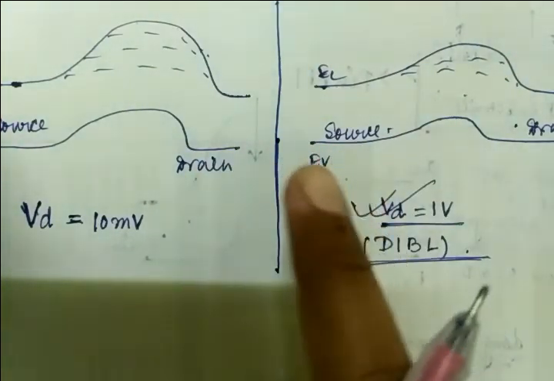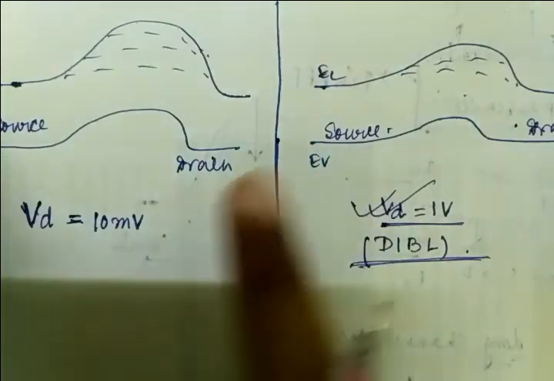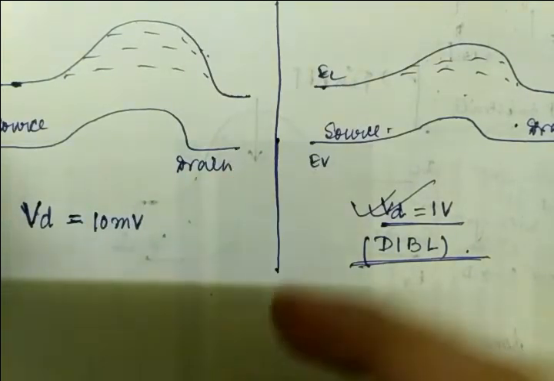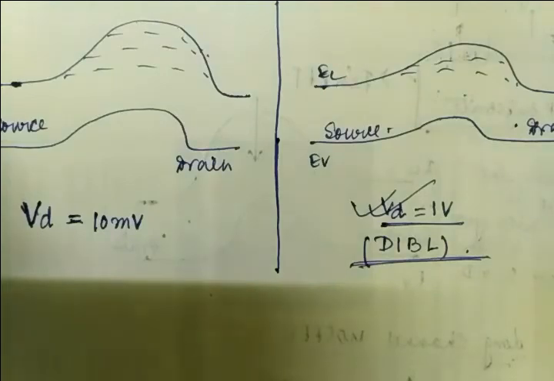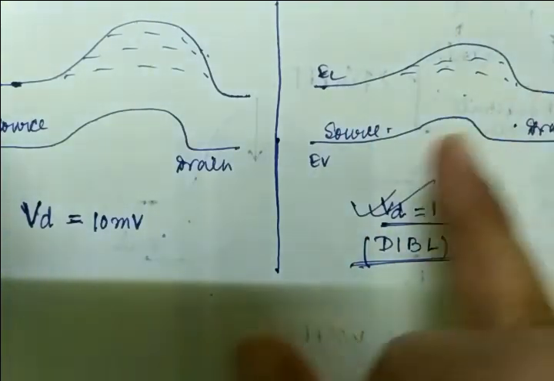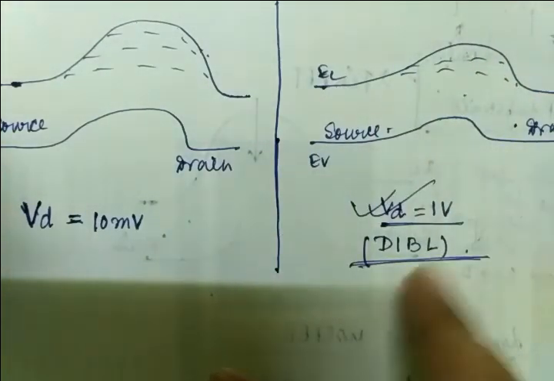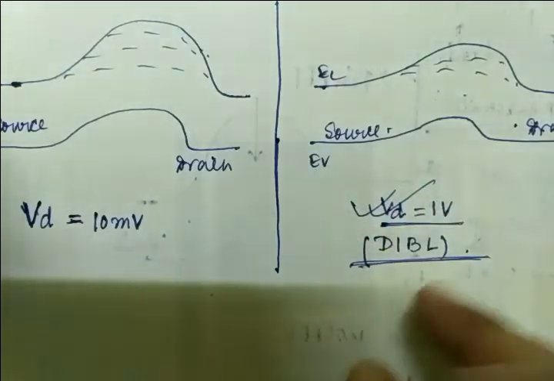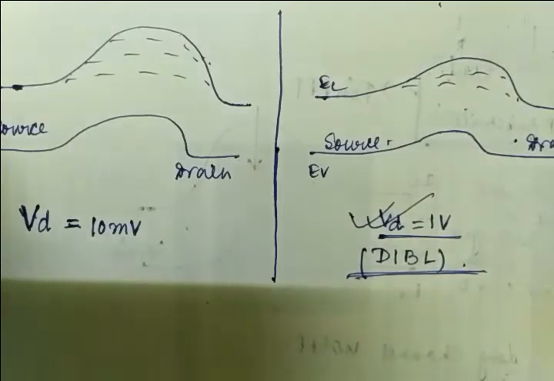But because of this smaller channel, if we apply the drain voltage, still there is a current. We must consider that this is a leakage current, and this is an undesirable characteristic. The barrier for electrons is affected not only by the gate voltage but also by the drain voltage, creating the drain induced barrier lowering effect, and this is totally undesirable.